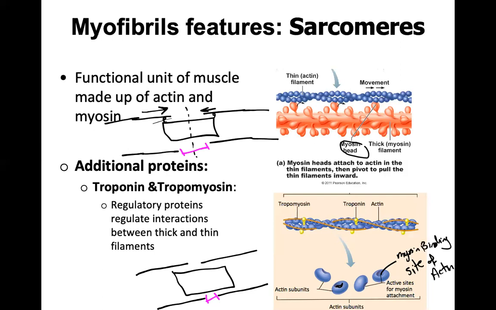Now here's the thing. If you're describing the process of muscle contraction in a very simple, basic manner, what is preventing every single muscle in your body from contracting every single second of every day? What prevents it is two regulatory proteins that are found around the actin, covering your myosin binding site.